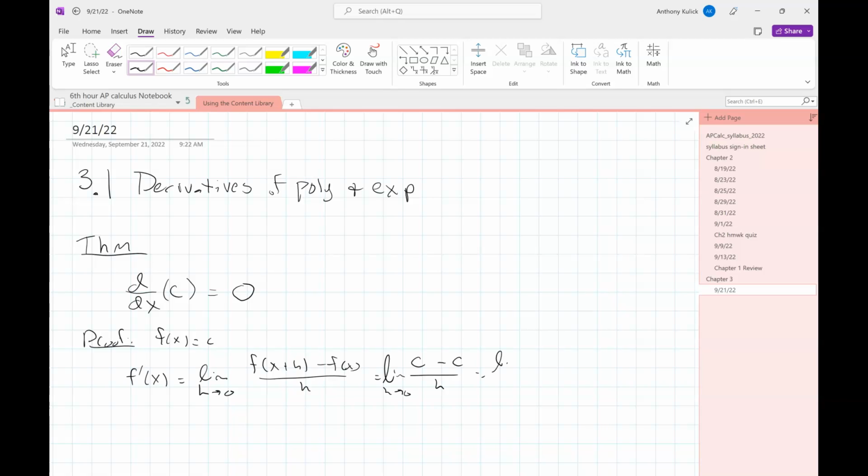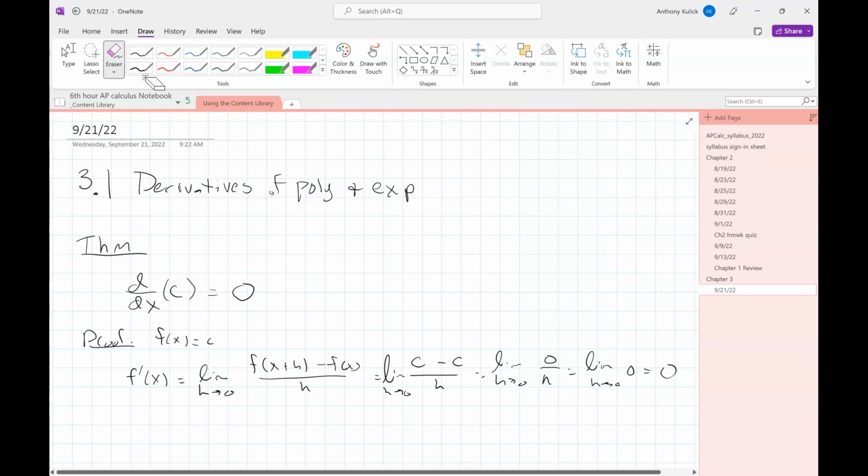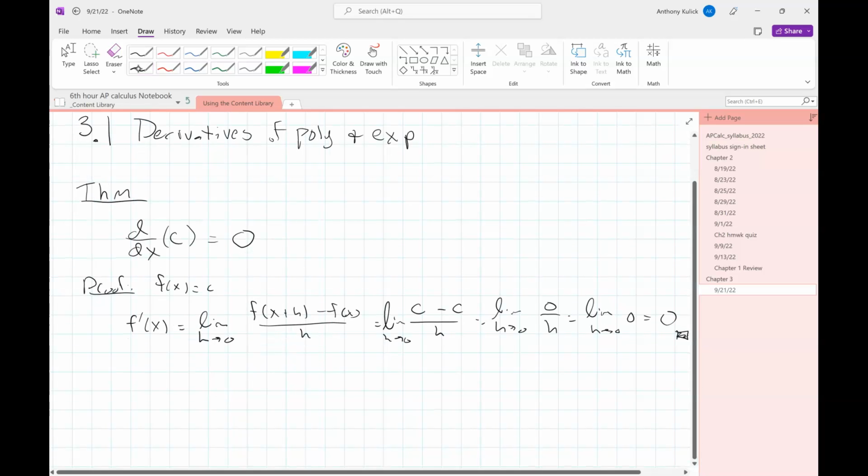So c minus c is 0. 0 over h is 0. And the limit of a constant is the constant. Important that you're hanging on to that limit sign all the way to the end, because if you try doing direct substitution too early, you get something that's indeterminate. But that's the proof. Oh, that's not so bad, Mr. Kulik. Well, that's pretty easy. It's one you probably could have looked at.